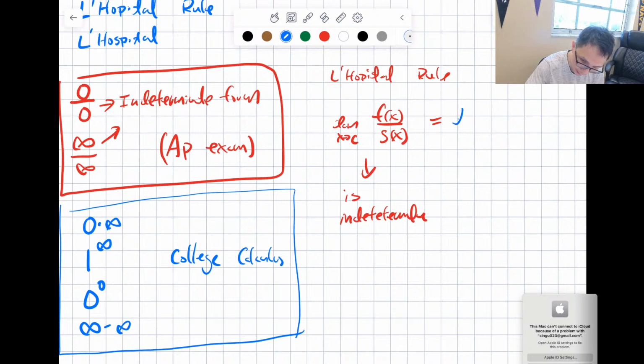So you can look at the limit as x approaches c of f prime of x over g prime of x.